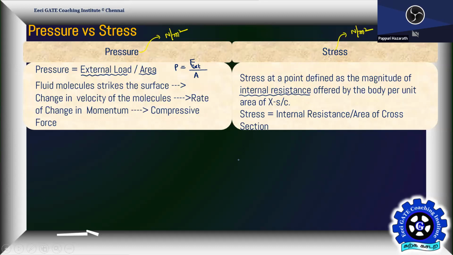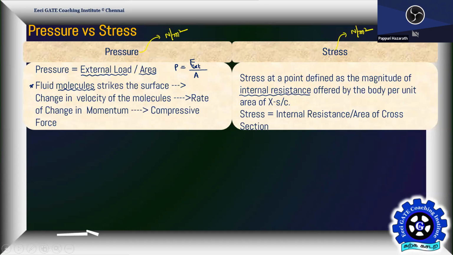One more good definition for pressure is, see this. You need to start like this. Pressure is associated with the fluid molecules. When these fluid molecules strike the surface, the velocity of the fluid molecules changes.